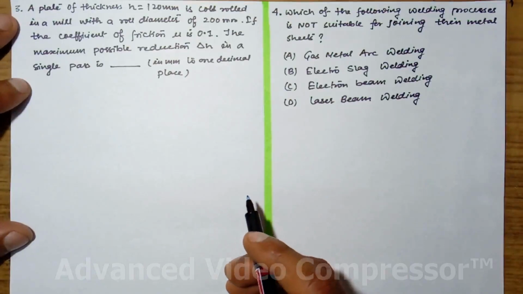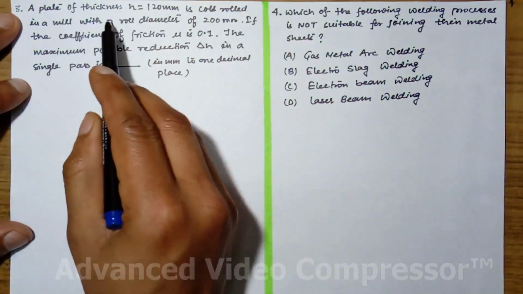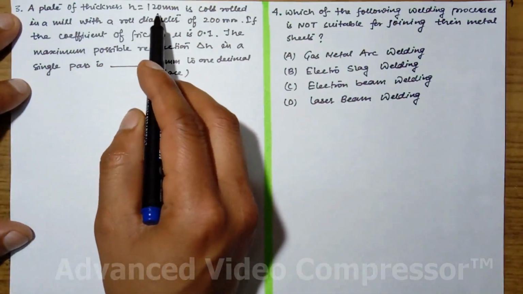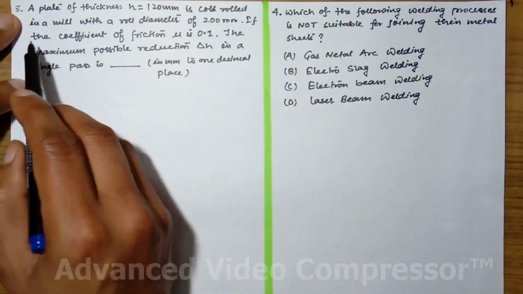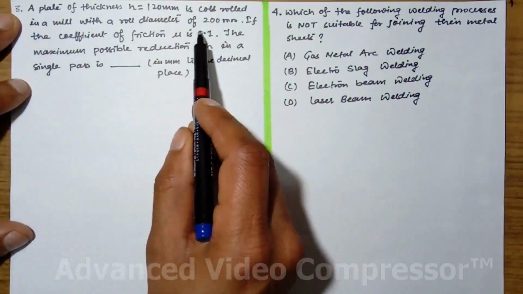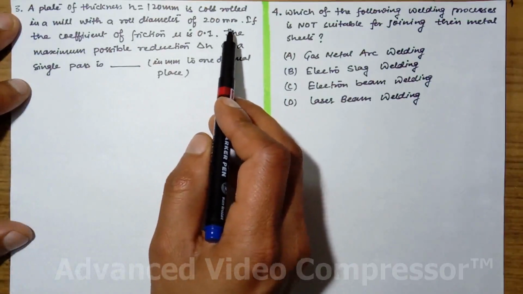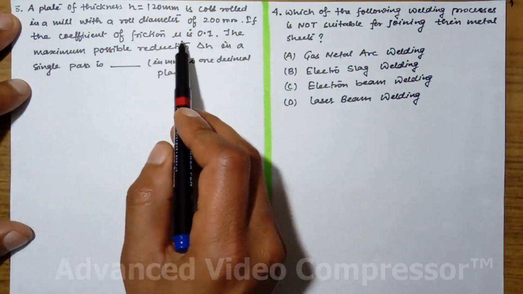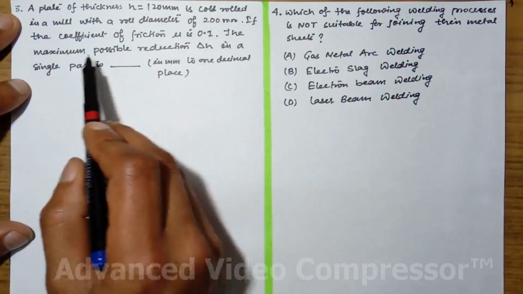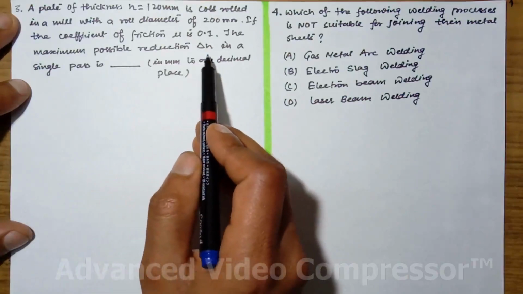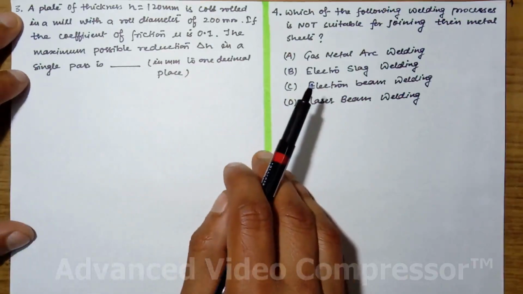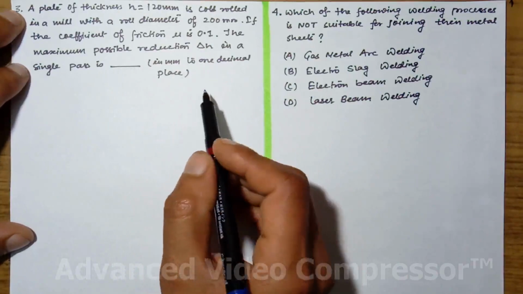The third question in manufacturing is: a plate of thickness H equal to 120 mm is cold rolled in a mill with a roll diameter of 200 mm. If the coefficient of friction mu is 0.1, the maximum possible reduction delta H in a single pass is? We have to answer in one decimal place.